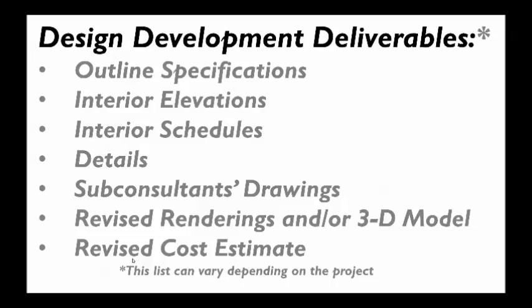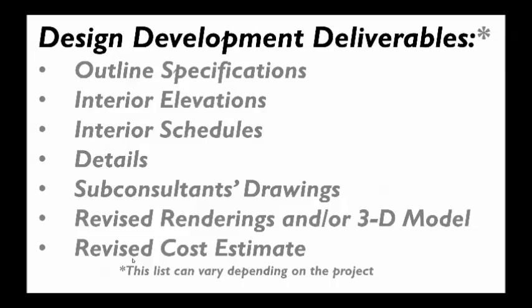So it's a list of material instructions that are ultimately going to be used by the contractor or whoever is building it, so that everybody is certain as to what the level of quality is with the material selection.